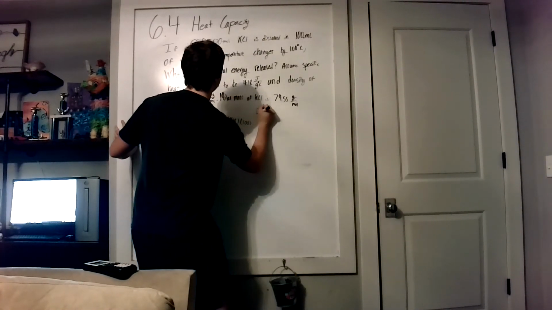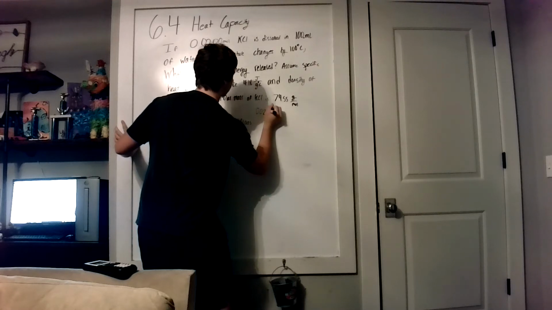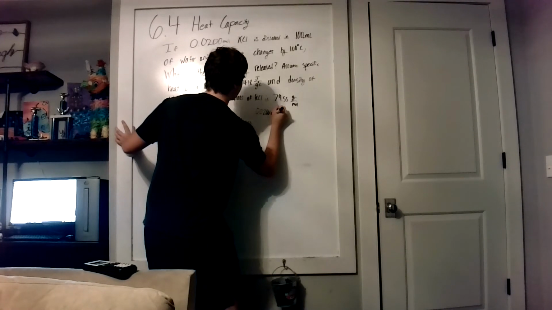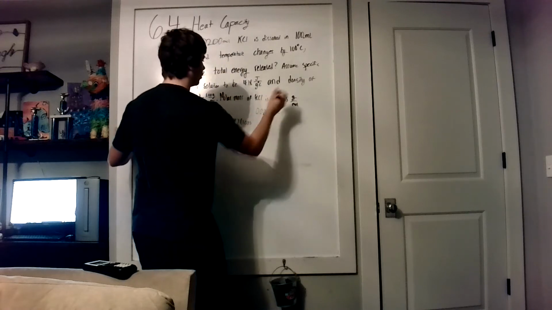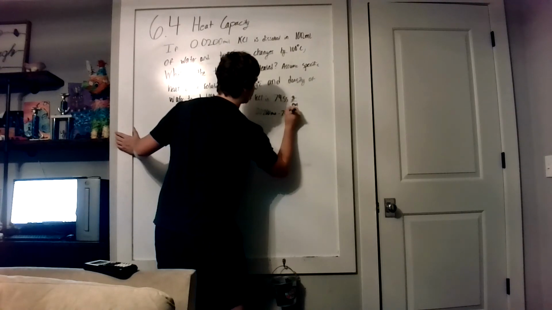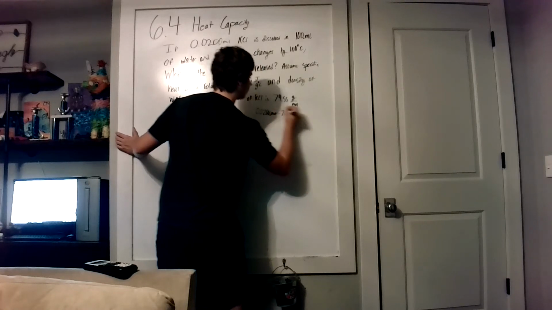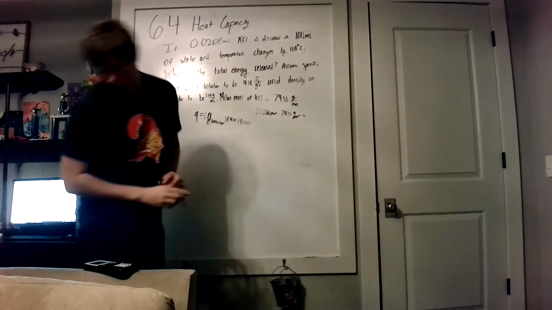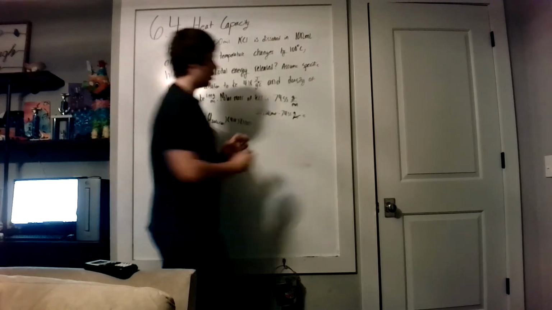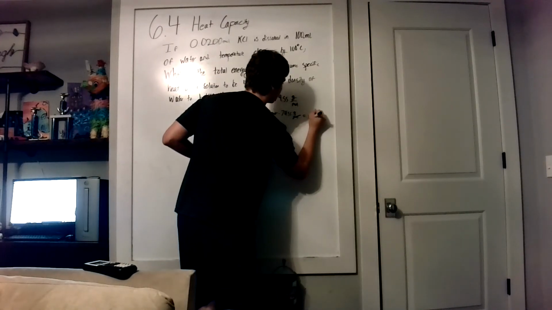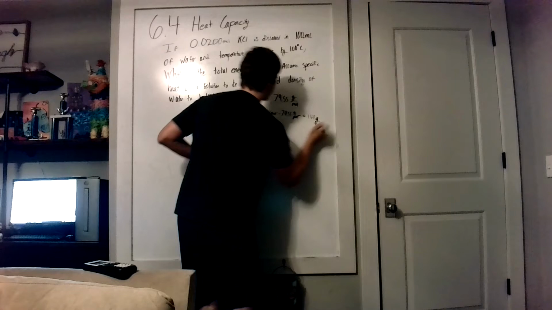So 0.0200 mole times our molar mass of 74.55 grams per mole. Moles cancel and we're left with 1.49 grams KCl.